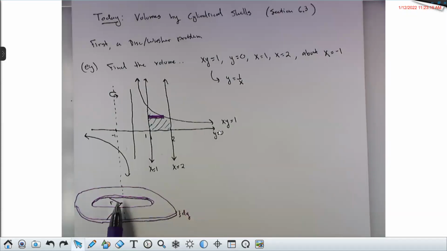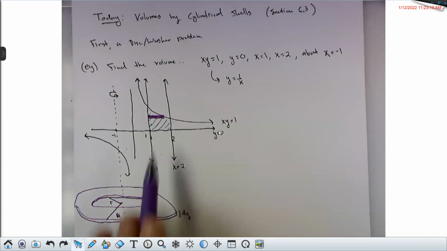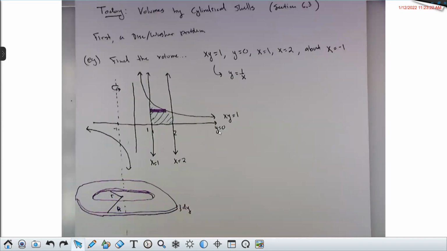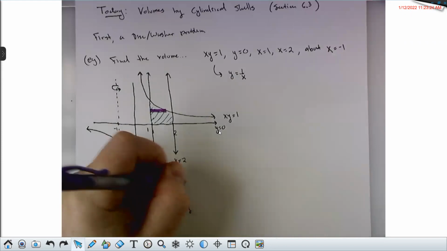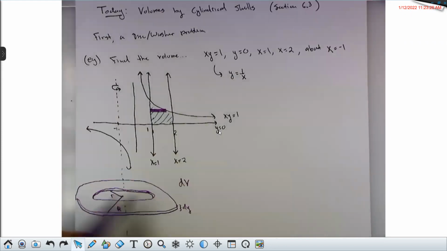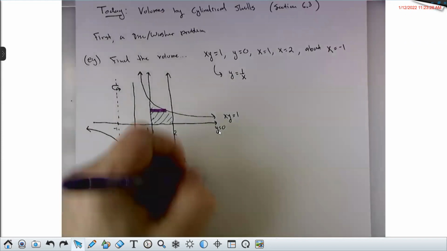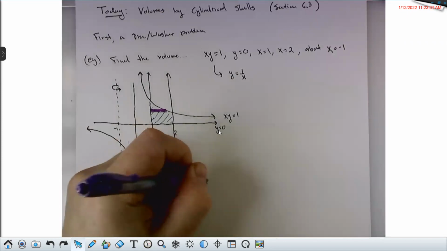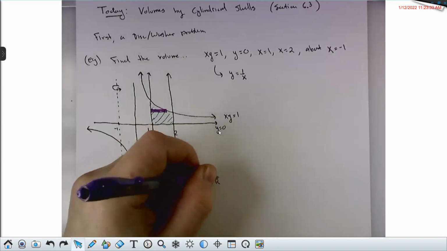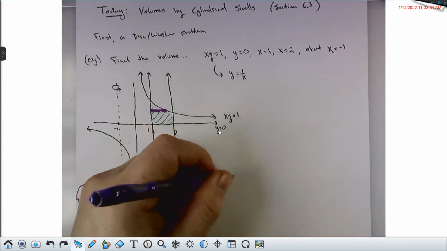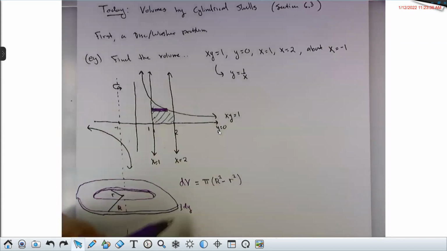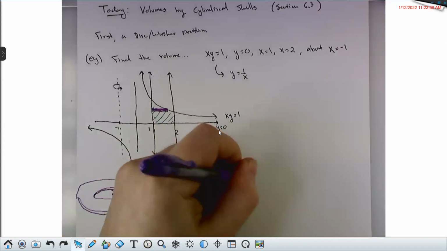It has an inner radius and an outer radius, which we now need to find. Once we have those inner radius and outer radius, the volume of this little washer, the thing we call dV, is pi times the outer radius squared minus the inner radius squared times the thickness, which here is dy.